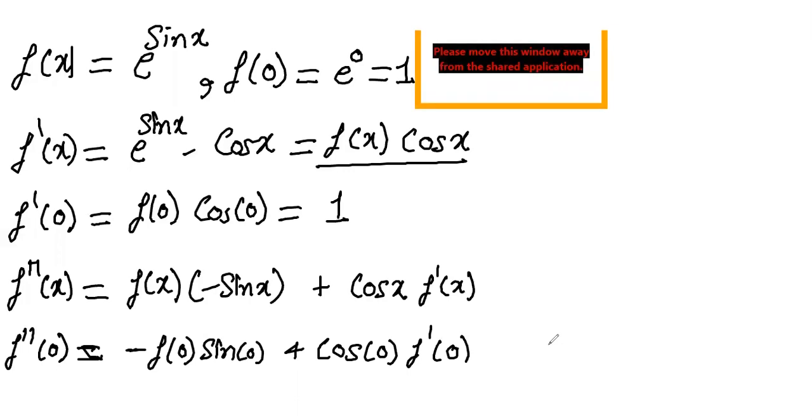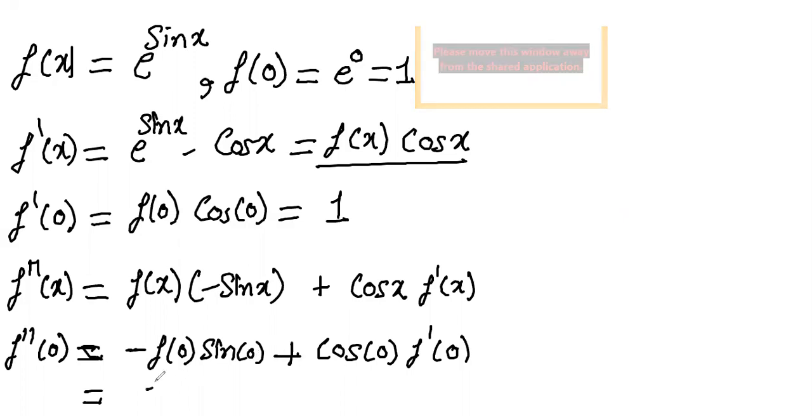Okay, this is plus, don't confuse. So f0 sin 0, sin 0 is 0, so only 1 will be there. F dash 0 is again 1. Now just find out f triple dash 0.